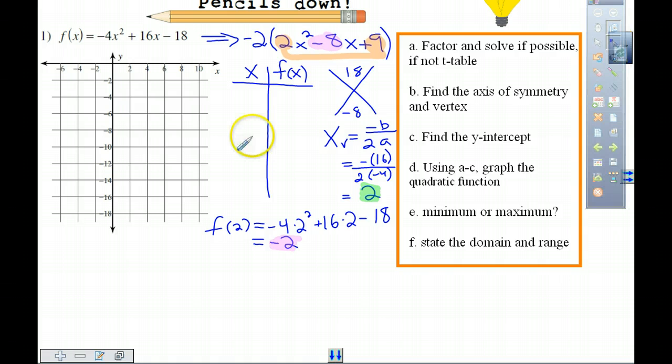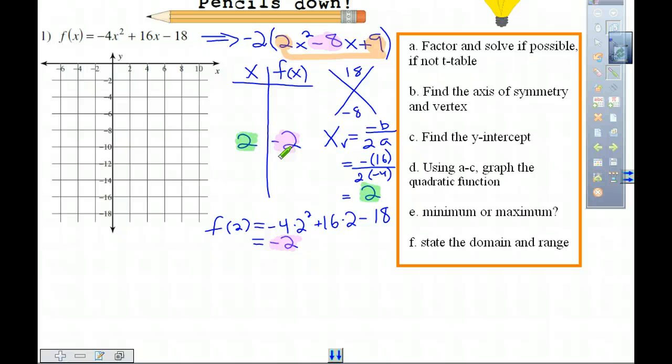So we get 2 and negative 2. The x is coming from right here, the negative b over 2a, and the f of x is coming from where we plug in f of 2. So you see that's your starting point. It's actually the middle of the t-chart.